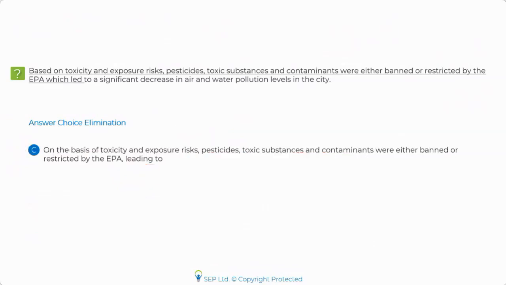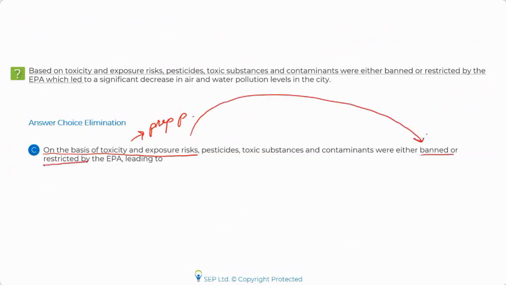C says on the basis of toxicity and exposure risk. So this is converted from an ED verbal to a prepositional phrase, and we know that the prepositional phrase can modify the verb from a distance. Okay, so this is fine. So the ban or restriction was done on the basis of toxicity.